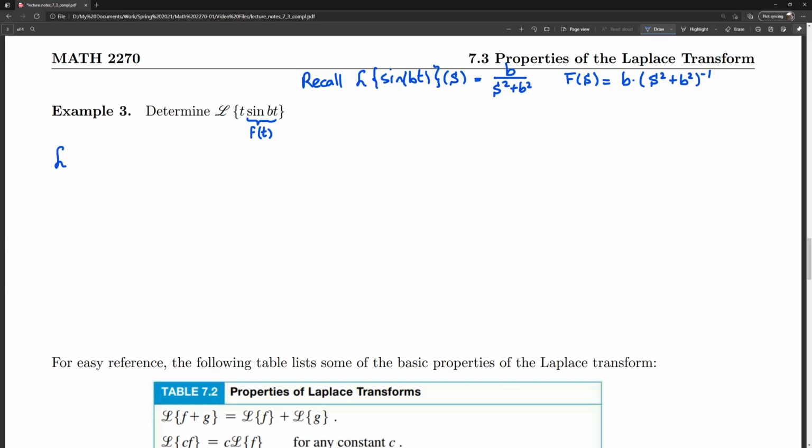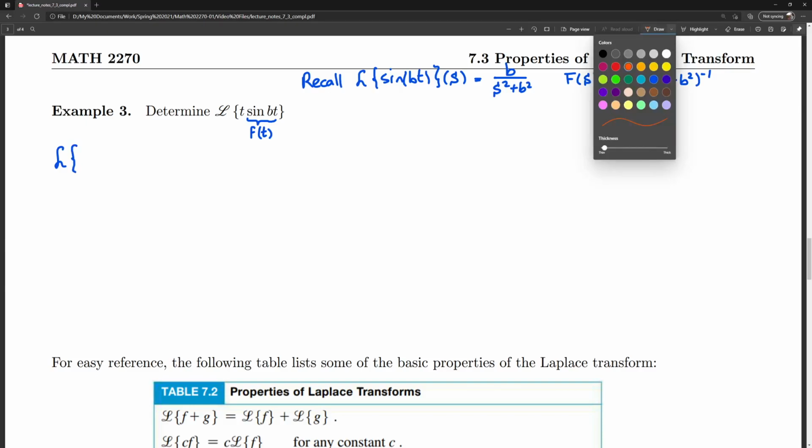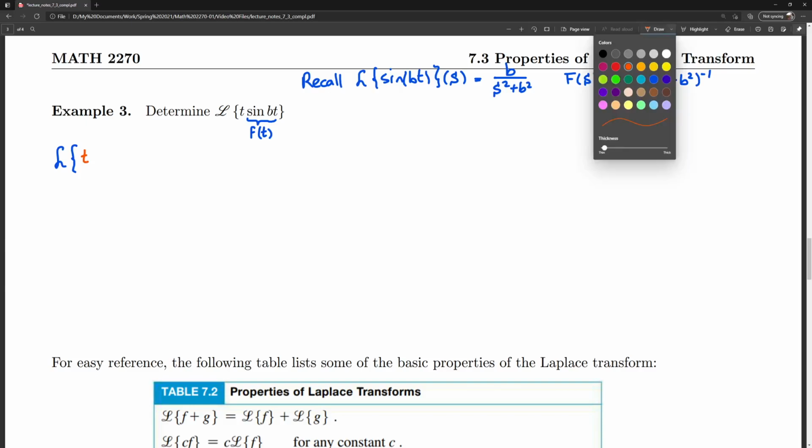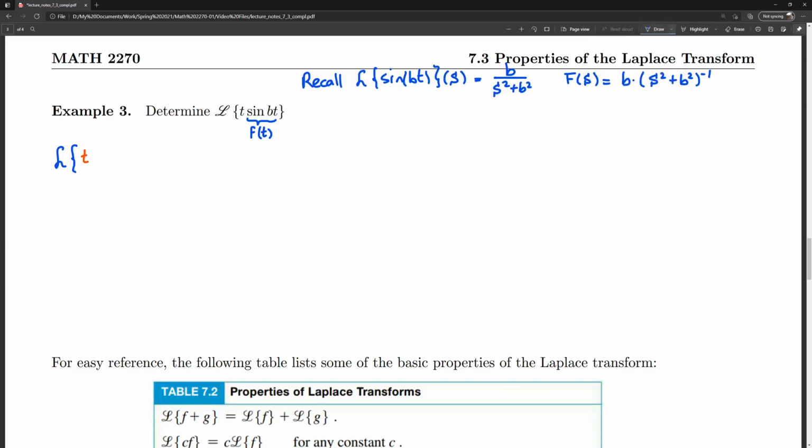Okay, so we're going to take the Laplace transform of t times f of t, sine of bt.